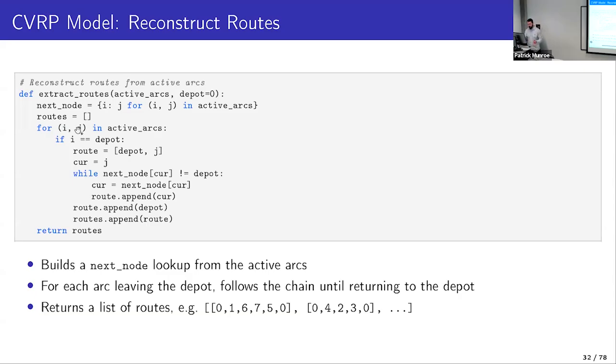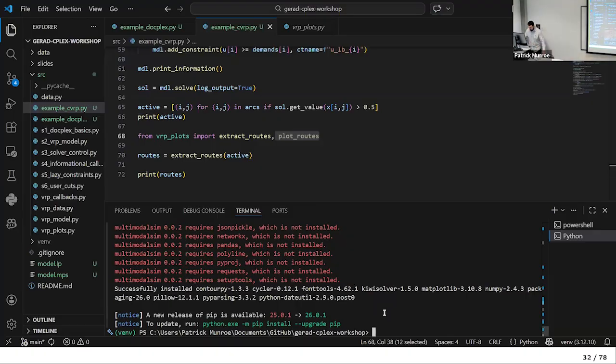So it tries to reconstruct the roots from the arcs by using the while loop. You go to the next node until you come back to the depot, and then you create the root this way. I don't want to spend too much time on that. I don't think it's very relevant for this workshop. And now let's try it again.